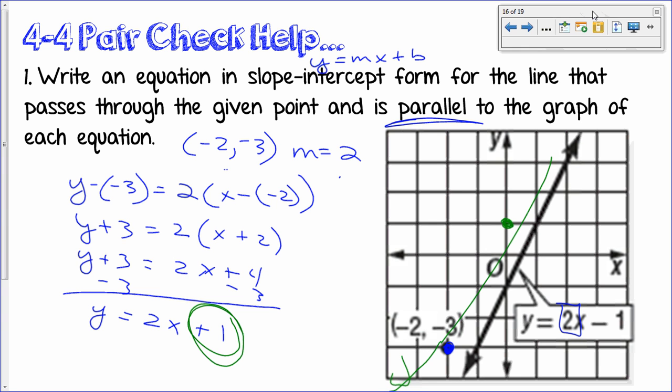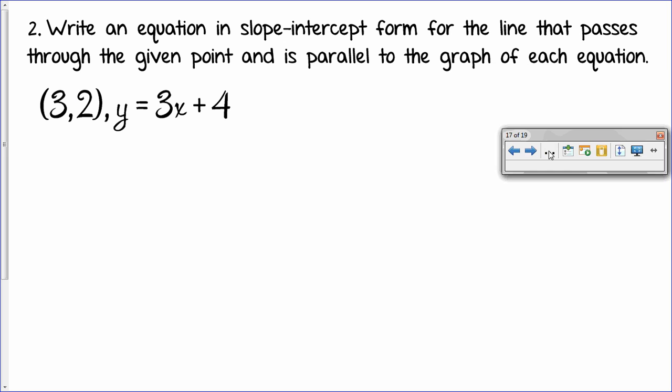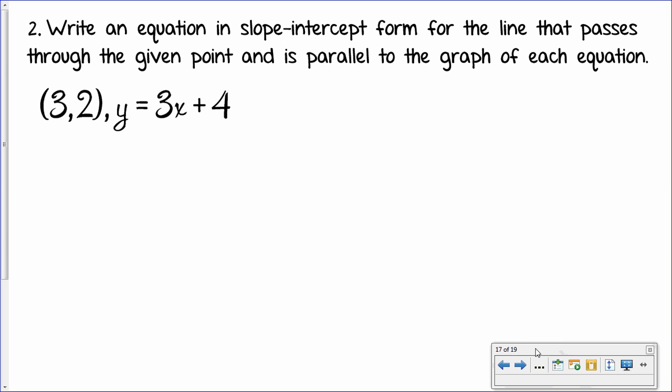Hold on, so you guys did all right. Everybody get it there? About this one. Alright, write an equation given the slope and a line that is parallel. So the slope is what? 3.